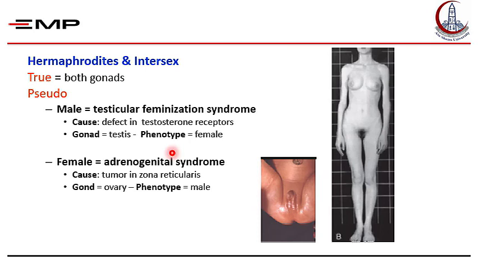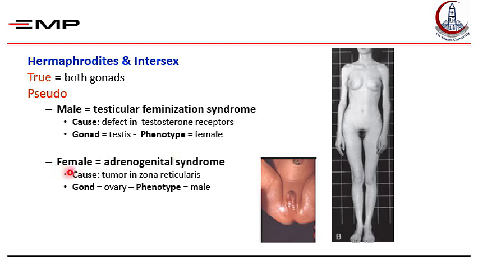There are external female genital organs, no fusion, because there is no elongation of the phallus and no closure of the urethral groove, so it appears like a female clitoris, labia minora, labia majora, but the duct system is not developed. No fallopian tubes, no uterus.